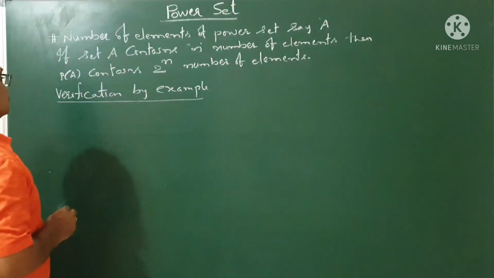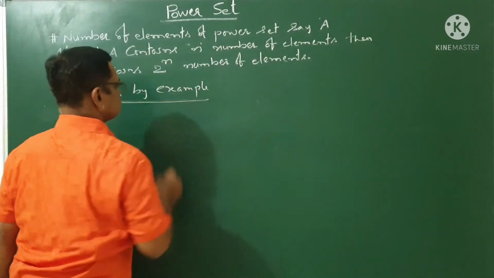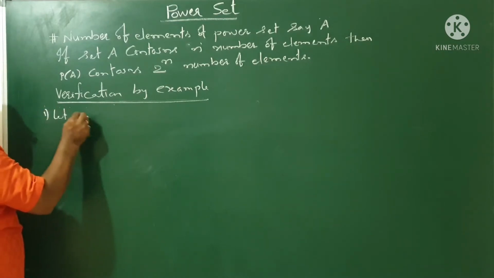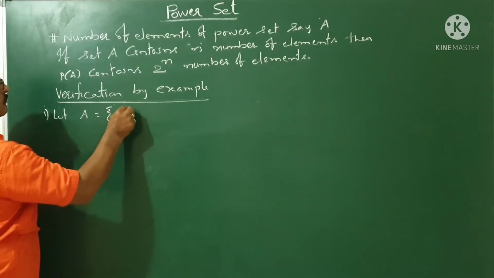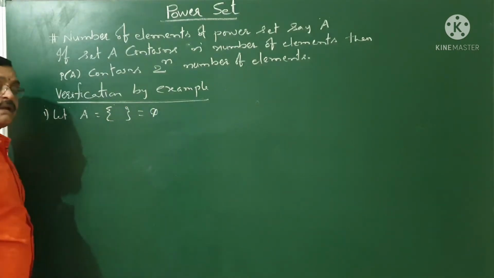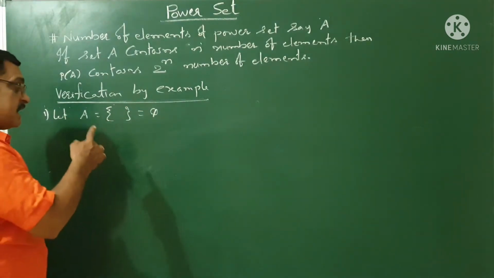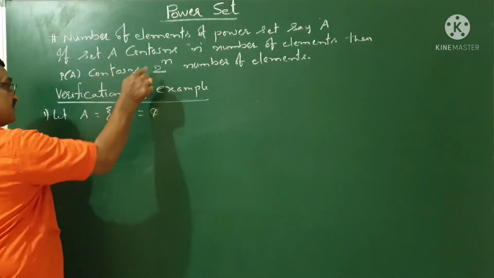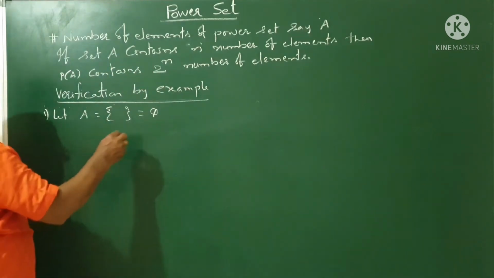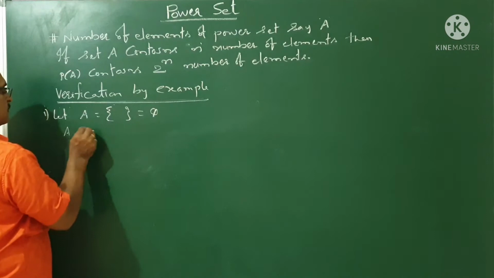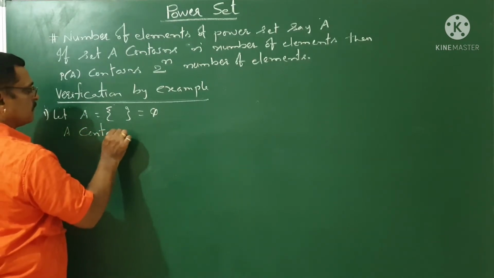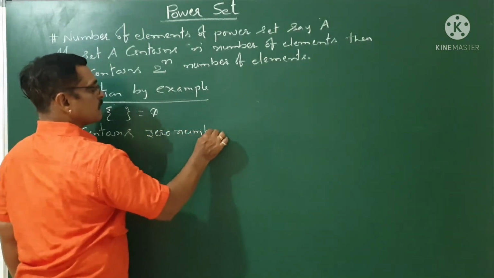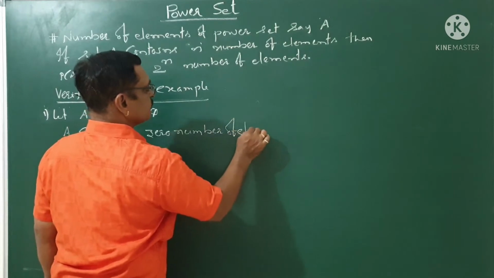Okay, first, example 1. Let A is equal to the empty set, that is fine. So A has 0 number of elements. Then as per this result, the number of elements A contains is zero.